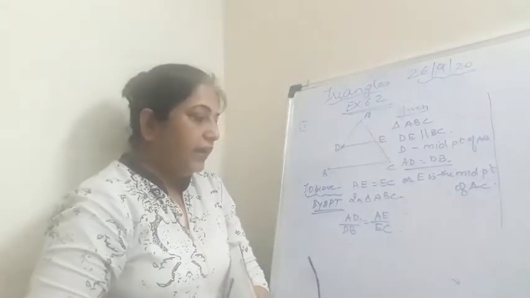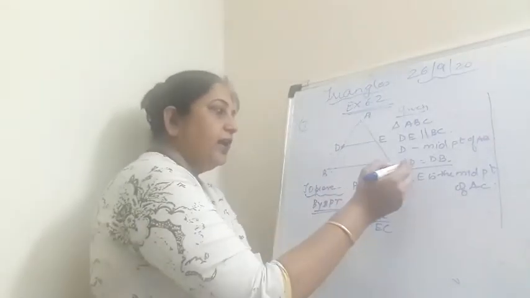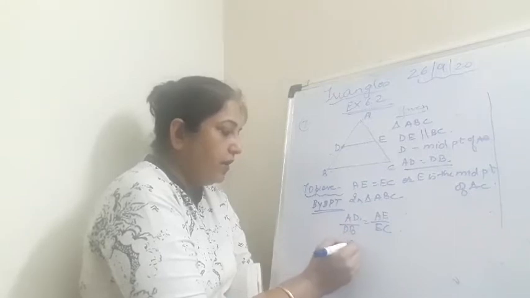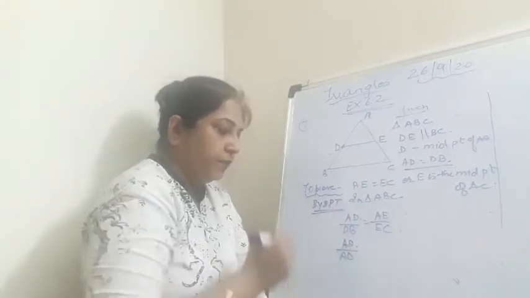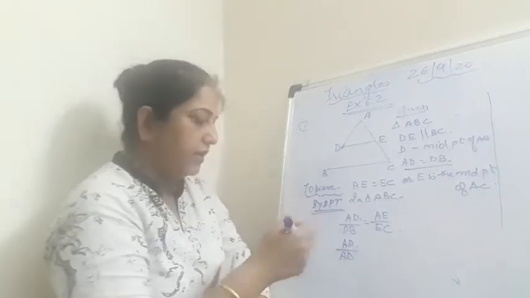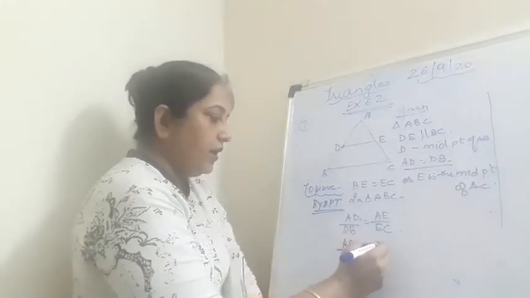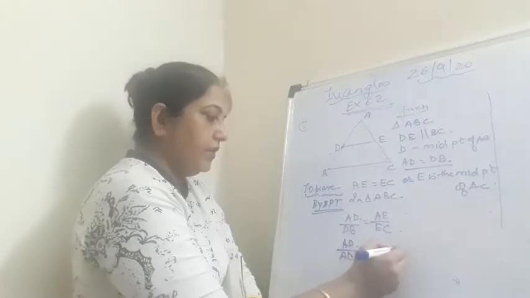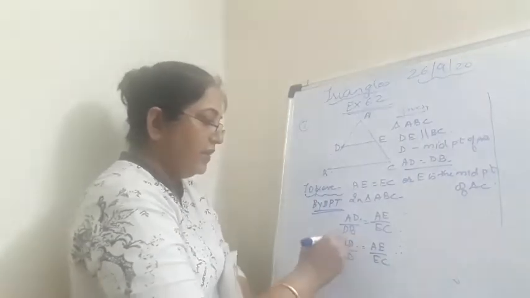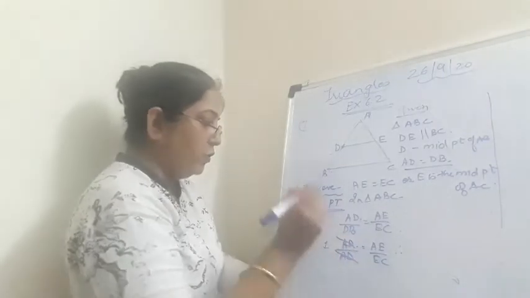Now, in place of AD upon DB, when I know that AD is equal to DB, I can substitute AD for DB, or for AD also I can substitute DB, equal to AE upon EC. Therefore, when I write AD upon AD, I will cancel and I will get 1.